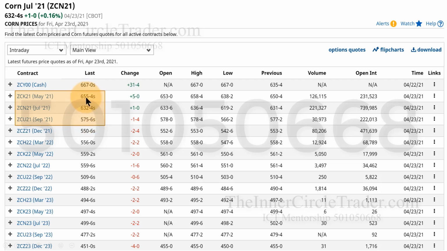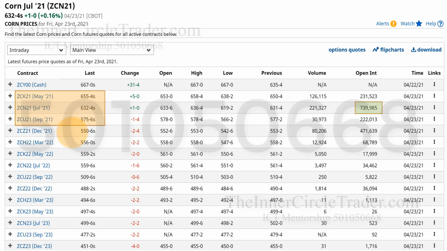It should be more expensive as we get further in time. That's a normal carrying charge market. That's normal. That's exactly what it's supposed to be like. If it has a backwardization like this, this is the recipe for a commercial bull market. That means we're likely to see sharply higher prices. It's real easy to rally higher and dynamically.